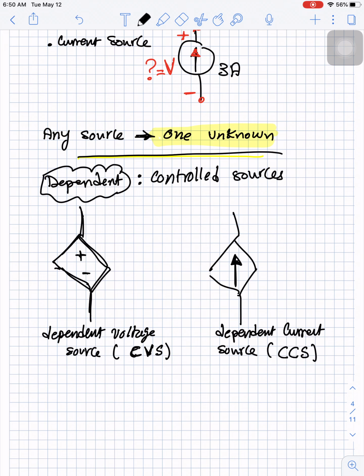Then if you have a voltage source, you are given the value of the voltage. And if you have a current source, you will be given the value of the current in ampere. But for the dependent, instead of being given a direct value, you will be given a function.